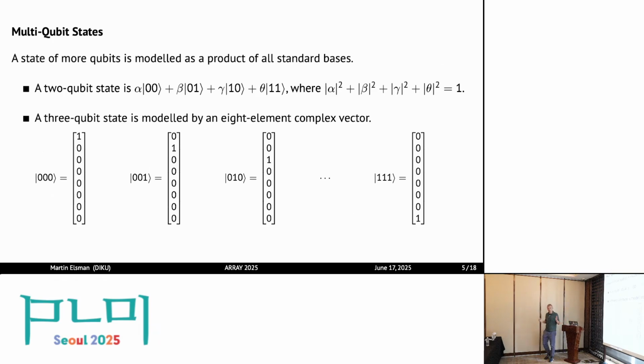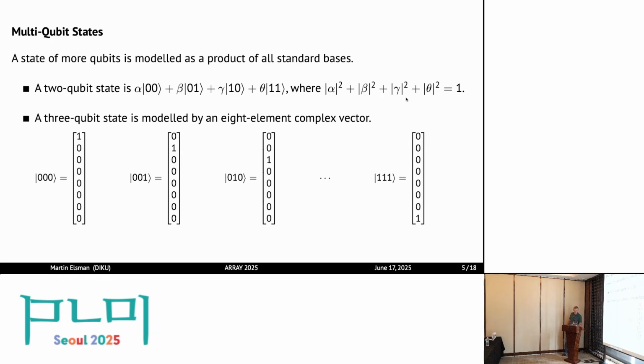Now, to compose a system, the state kind of explodes. To represent 2 qubits, you would have a vector of 4 complex numbers, alpha, beta, gamma, and theta here, and we still have this normalization condition.